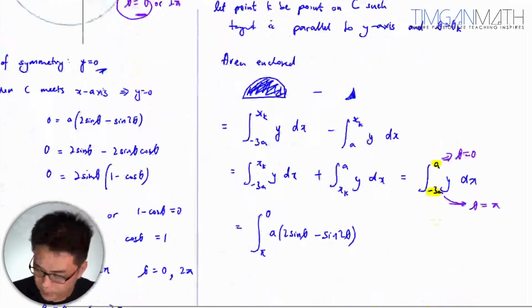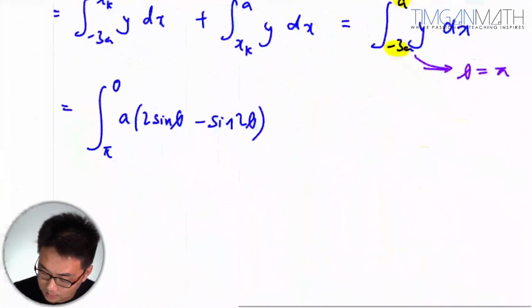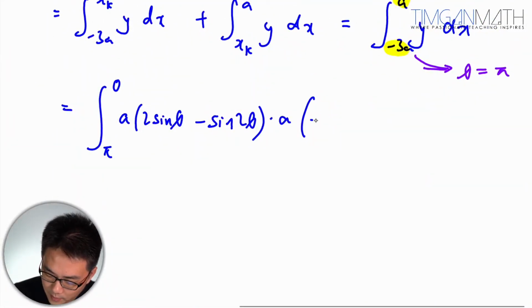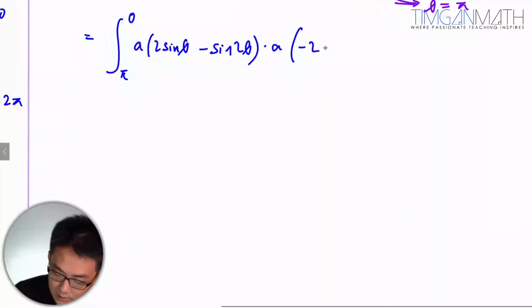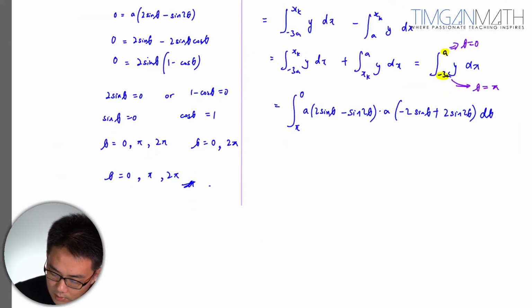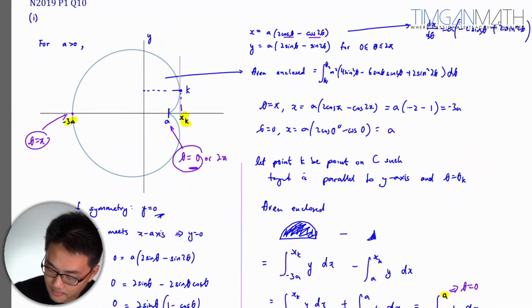After which we're just going to bring that down. Let me copy it down: dx equals a times minus 2 sine theta plus 2 sine 2 theta d theta. Okay, great.